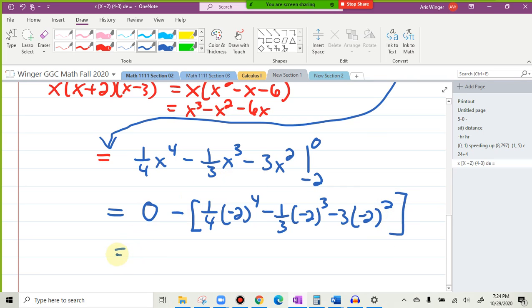Right, so this is going to be equal to negative, and that is 16 over 4, and then that is negative 8 plus 8 over 3, and then that is 4, 12 minus 12.